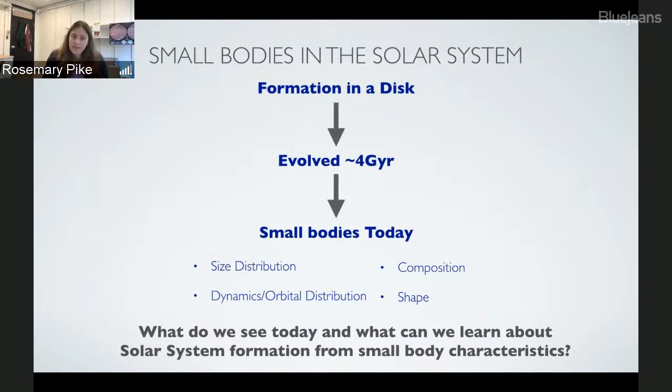We can look at the size distribution of the current objects, how many big things versus how many small things. We look at the composition, what they're made of, their shapes, and the dynamics and orbit distribution of the objects. The fundamental question we're trying to answer is, what do we see today, and how do we use that to learn about the formation of the solar system from small body characteristics?